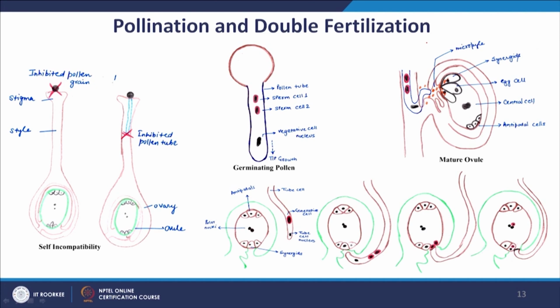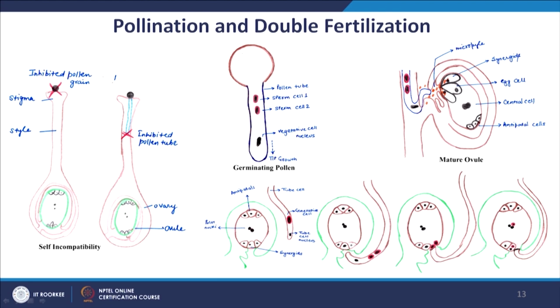So, if pollens are not compatible with the carpel, they may not result in successful pollination, where either their germination itself is inhibited, or even if germination starts, they cannot reach the ovule and cannot fertilize the embryo sac.